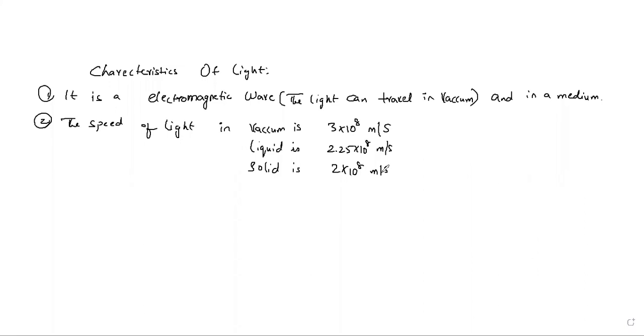When you see the light in liquid, like in water, the speed will decrease. It will be a little bit slow, like 2.25 into 10 to the power of 8 meter per second. Now, if you come to solid, for example ice or any solid object, the speed again decreases, to 2 into 10 to the power of 8 meter per second. It's a simple point.